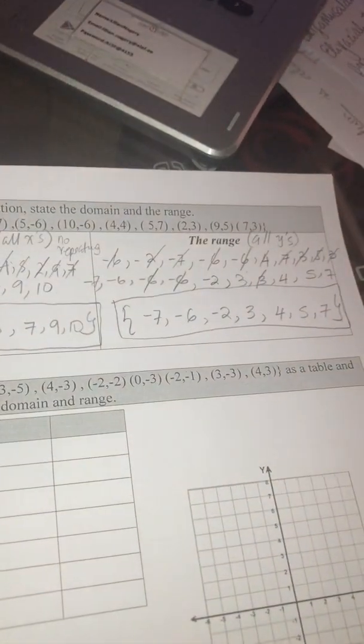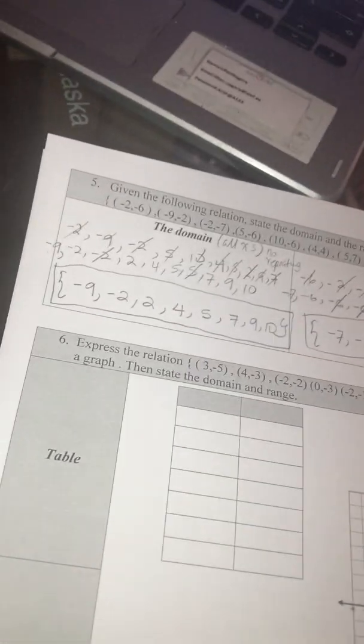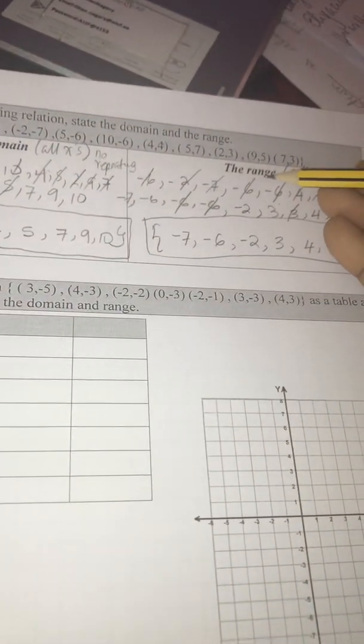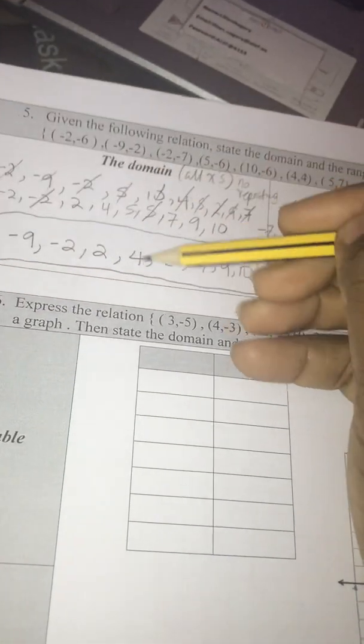Yes. So there is my answer. Okay? This is my domain and this is my range. I have labeled my work, the range, the domain, clearly. All right, let's do the next example.